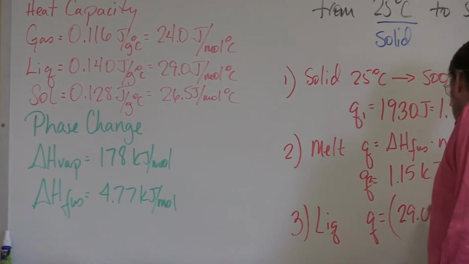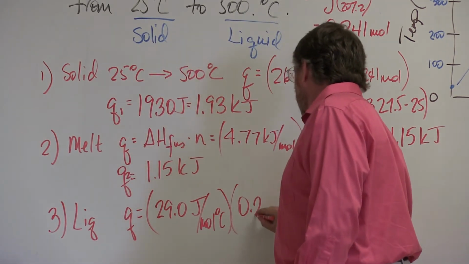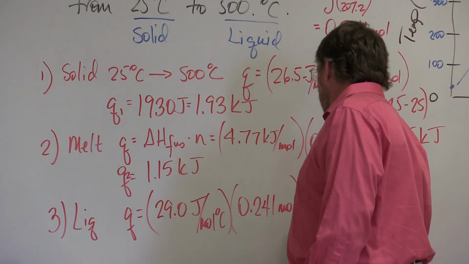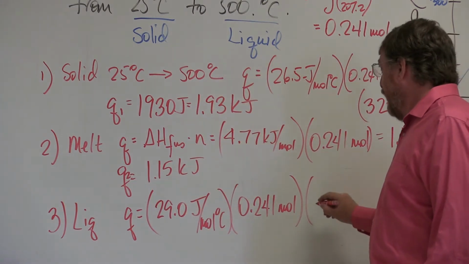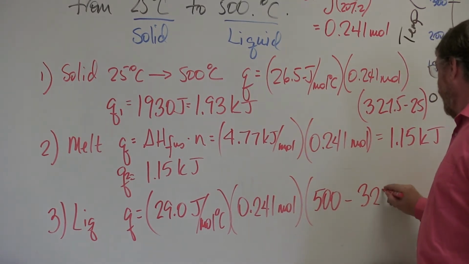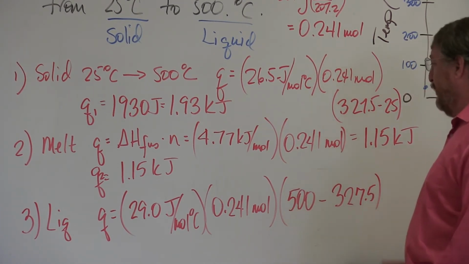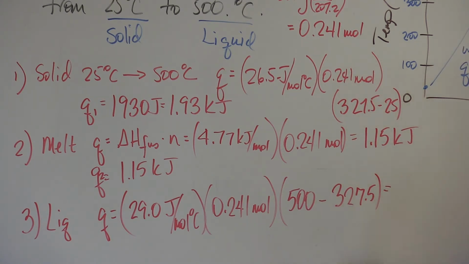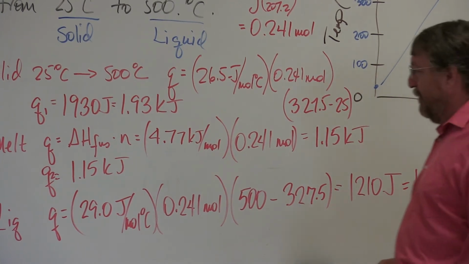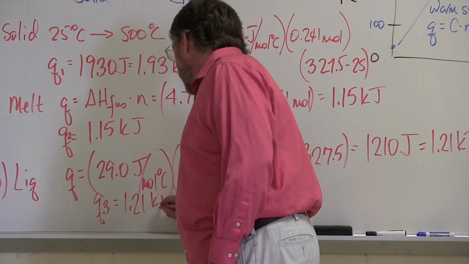So I have 29.0 joules per mole degree Celsius times 0.241 moles times the temperature change, 500 minus 327.5. All of that equals 1,210 joules, or 1.21 kilojoules. So my Q3 is 1.21 kilojoules.